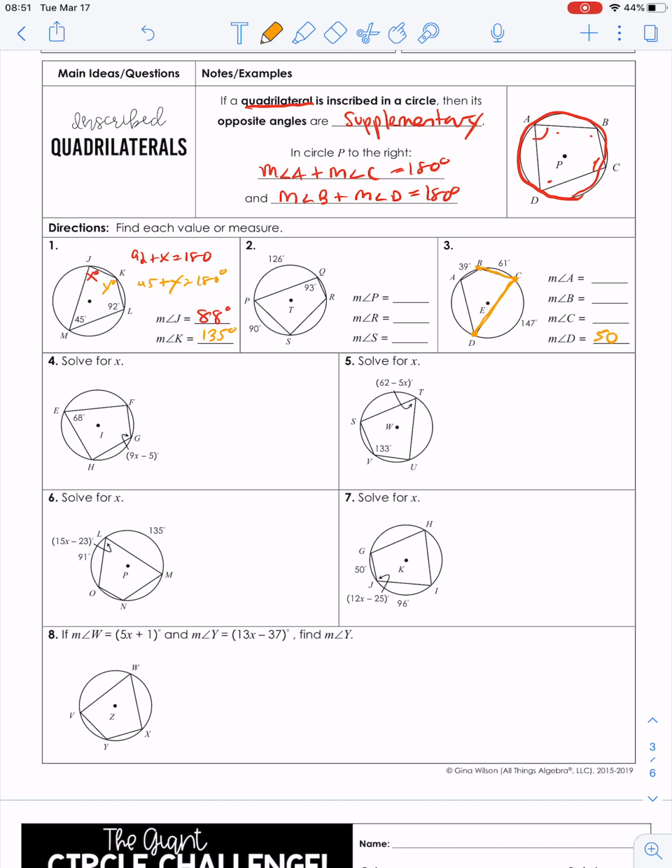Think about it. So we know 61, 39, 147. So the only part of the arc left is what? Remember, the whole thing has to add to 360. So it has to equal 152.